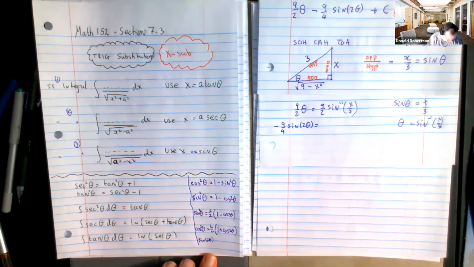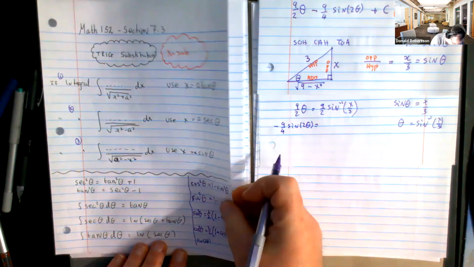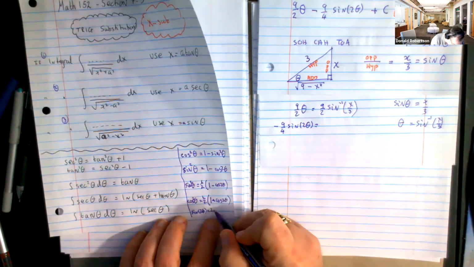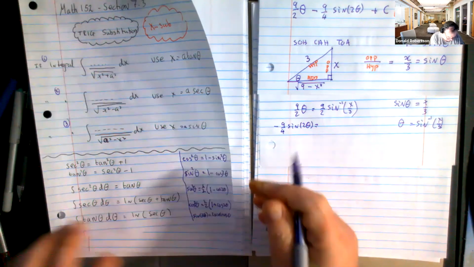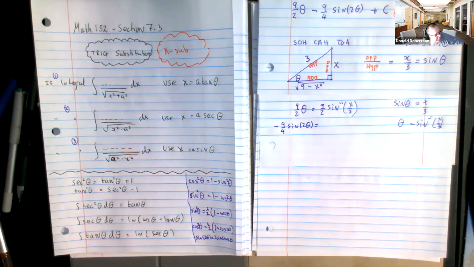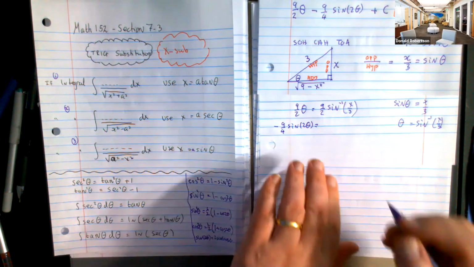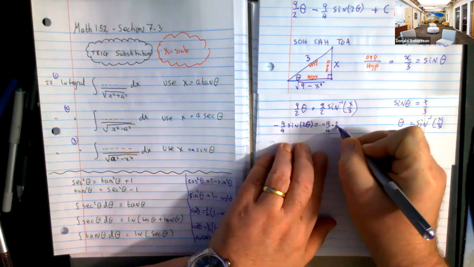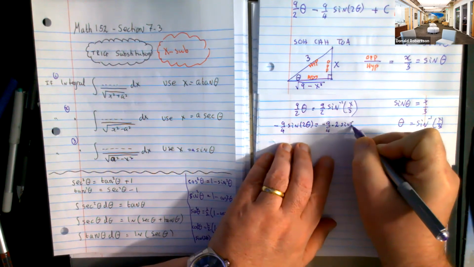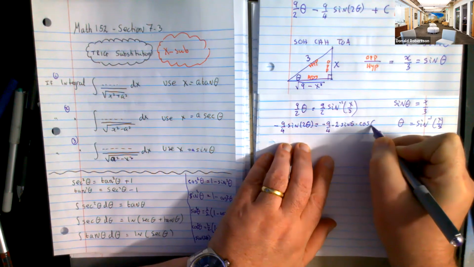The sine of 2 theta is 2 sine theta cosine theta. Do you remember that one? The sine of 2 theta is 2 sine theta cosine theta, which means this fella is -9/4 times 2 sine theta cosine theta.